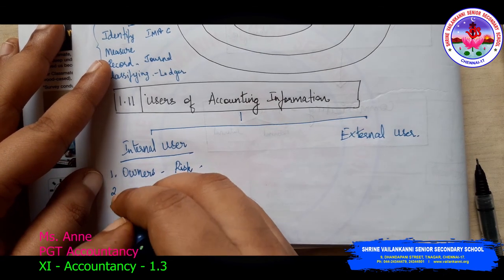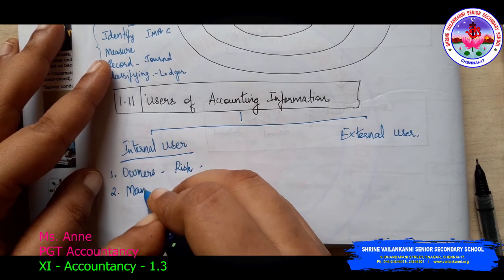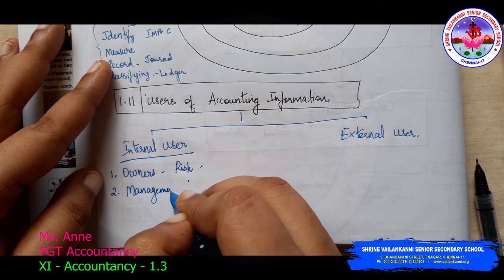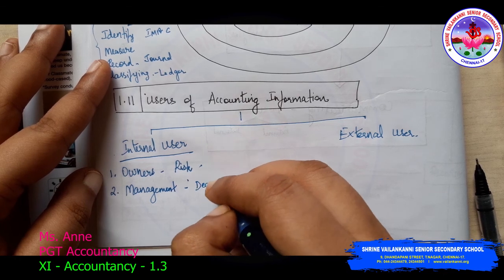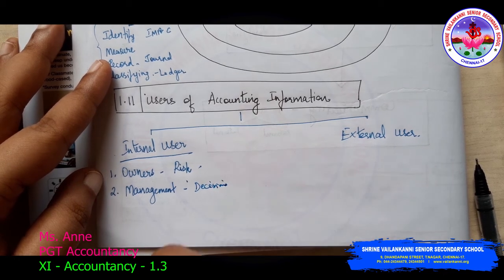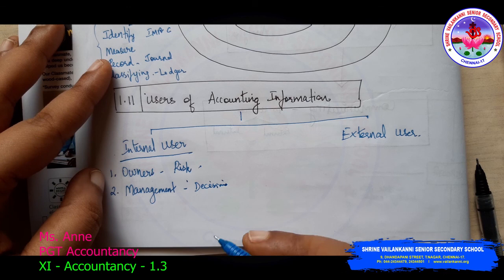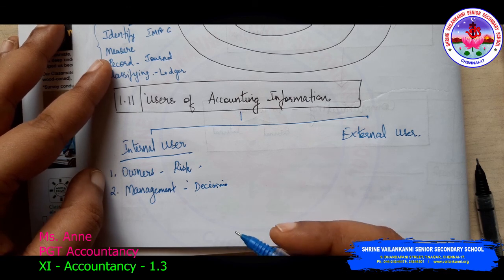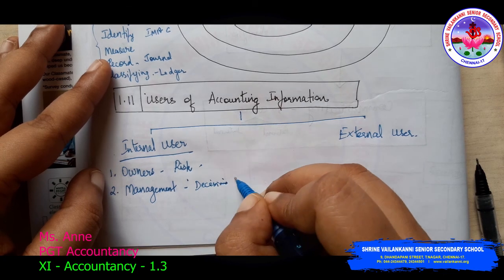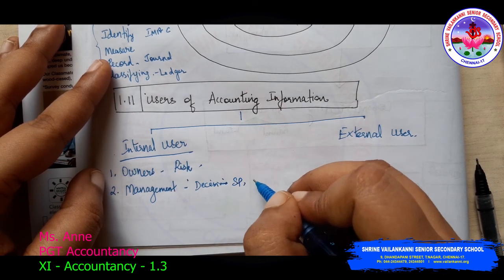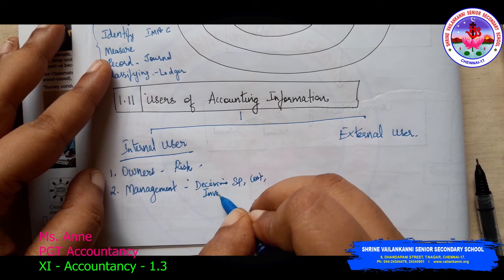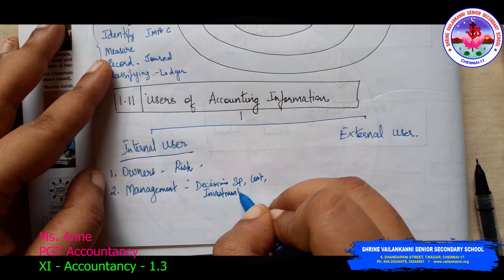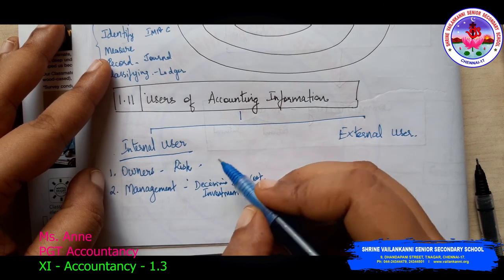The second person is the management. The management needs accounting information to take decisions related to the selling price, the cost, and investment. So basically they are into decision making.